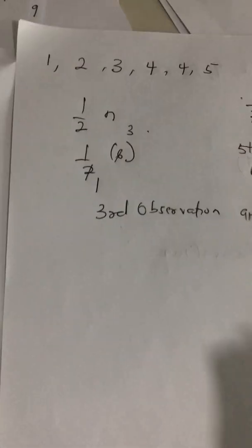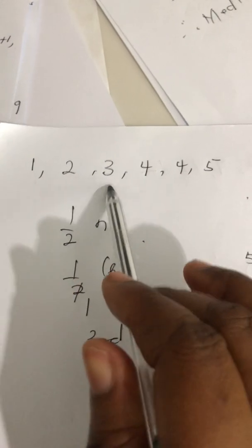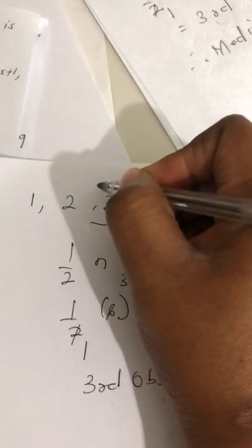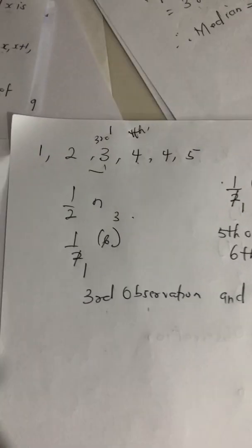So when you get it, you don't end there. Now, you check which number is in the third observation and the fourth observation. So let's count. 1, 2, 3. This is in the third observation. And 4 is also in the fourth observation, right?